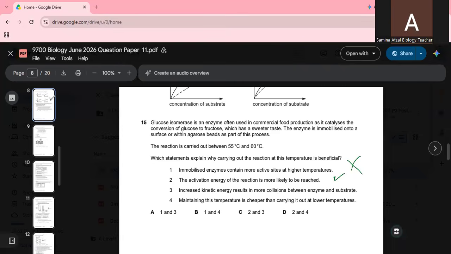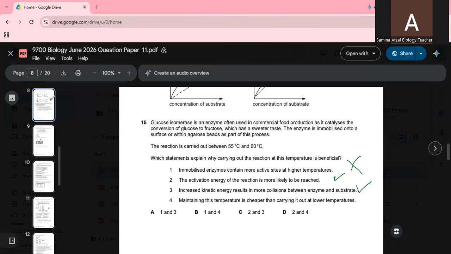Then the third, the increased kinetic energy results in more collisions between enzymes and substrate. This statement is also correct. Higher temperature increases the kinetic energy of both the immobilized enzymes and the substrate molecules, leading to more frequent successful collisions per unit time. Now, the fourth statement is maintaining this temperature is cheaper than carrying it out at lower temperatures.